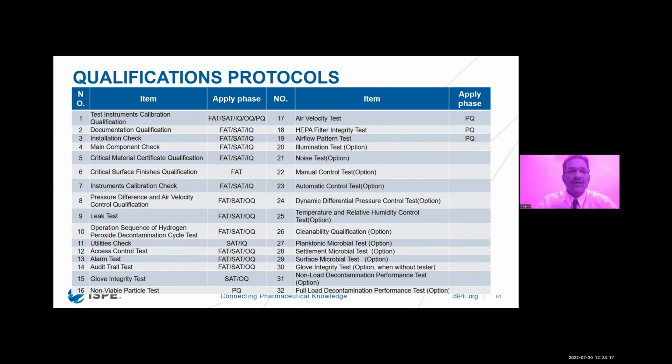In terms of qualifications, I have listed down some of the qualification parts. Basically, the test instrument qualification: there will be some test instruments, the equipment, which come with a calibration certificate from the supplier side. At the time of the machine being manufactured at the supplier end, you will be referring to this calibration certificate.